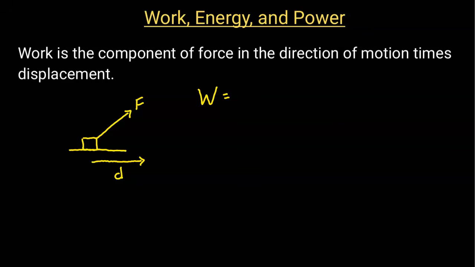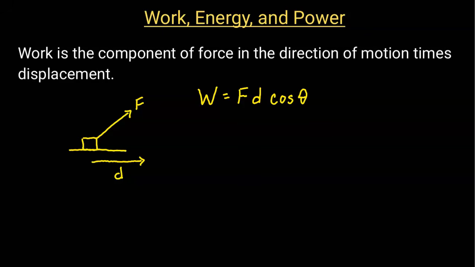And it's equal to the component of the force times the displacement, the component of the force in the direction of the displacement. And if it's not in the direction of the displacement, then we're going to multiply by cosine theta, and F cosine theta will give us the component of the force in the direction of the displacement.